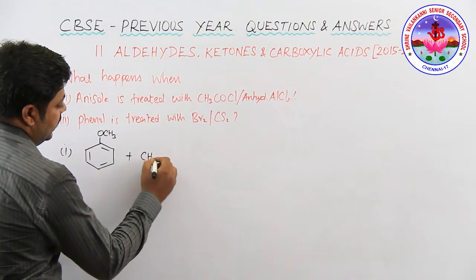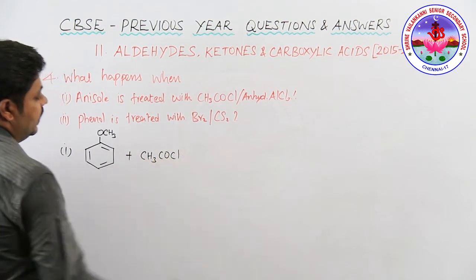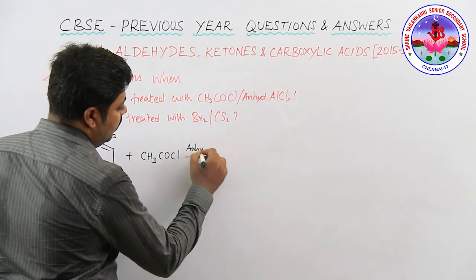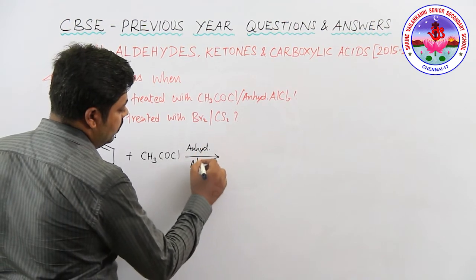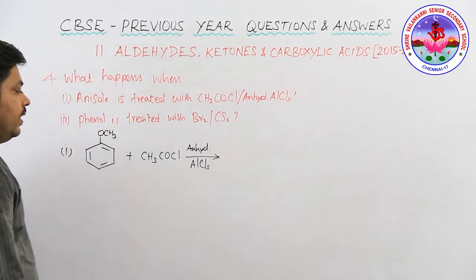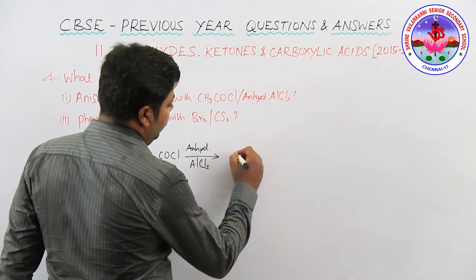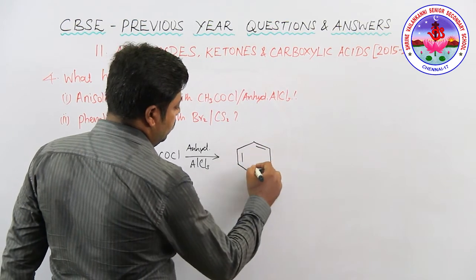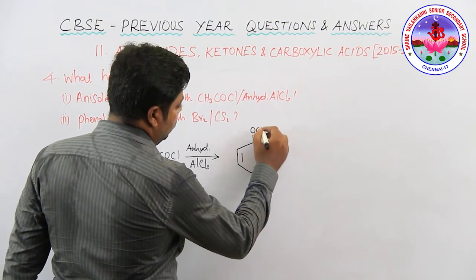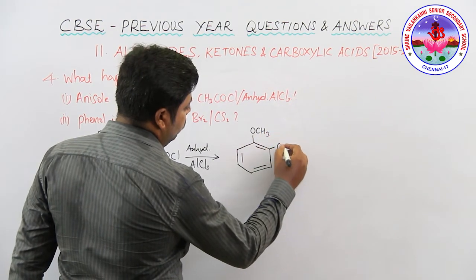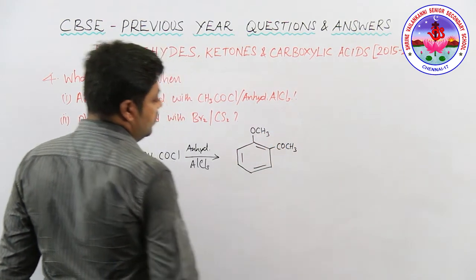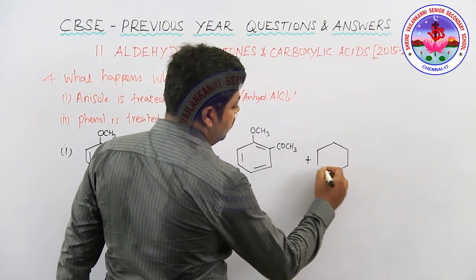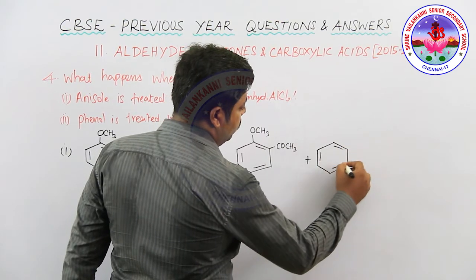Acetyl chloride, CH3COCl, in the presence of anhydrous aluminum chloride, AlCl3. Then you will get two different products, one is 2-methoxyacetophenone, and the second one is 4-methoxyacetophenone.